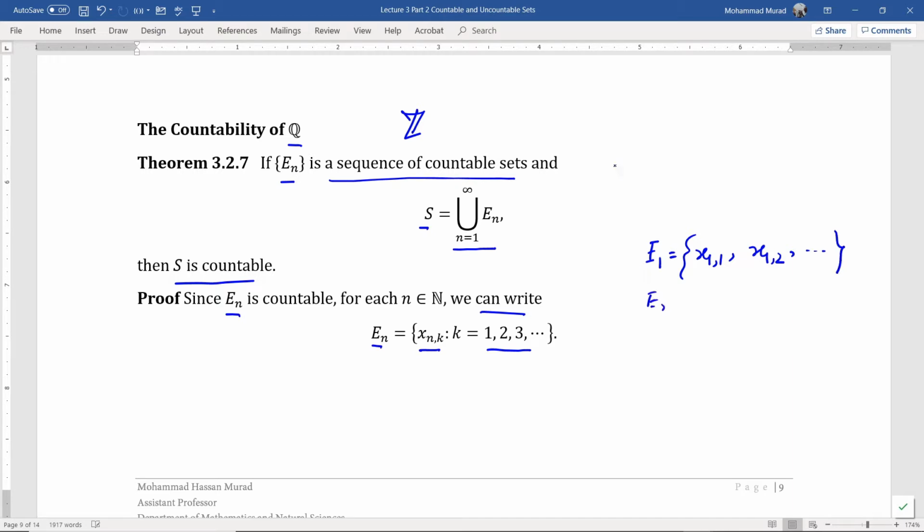E sub 2 contains the elements x sub 2 comma 1, x sub 2 comma 2, and so on. Similarly, E sub 10 contains the elements x sub 10 comma 1, x sub 10 comma 2, and so on. Since each E1, E2, and so on are countable, we can enumerate these elements.